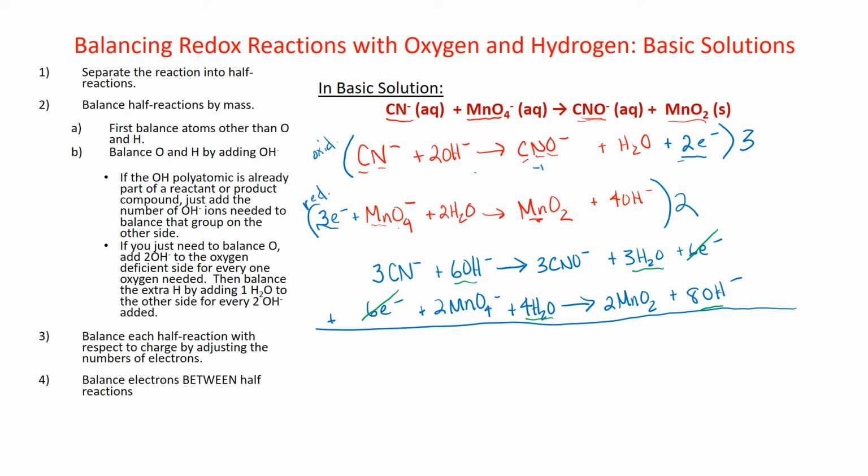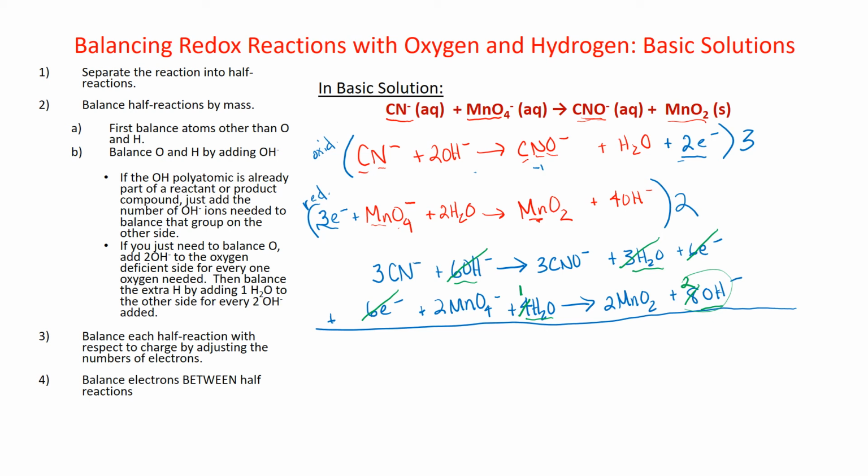So for my hydroxide, 6 will cancel out completely on that side. And if I cancel out 6 of the 8 that I have on the right-hand side, this becomes 2 hydroxides left. For my water, the 3 will cancel out completely. And if I cancel out 3 of those 4 in that second half reaction, we'll be left with 1 water.